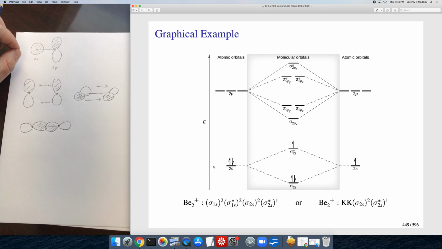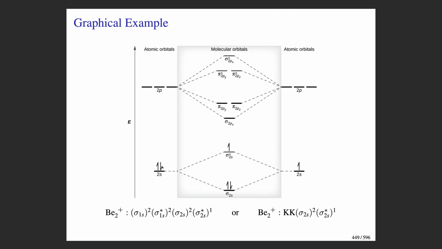So what we're looking at here, this is a graphical example of constructing what looks like a diatomic beryllium cation. Okay, so here we're looking at just the valence orbitals, and beryllium has two valence electrons, and so the cation is going to be short one electron.